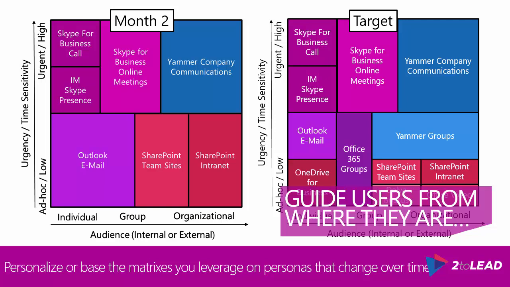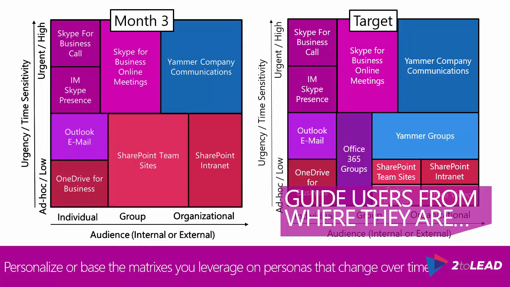In the next phase, after month 2, we actually changed something really simple. We introduced OneDrive for Business. You'll notice that on the left, Outlook becomes less relevant for many scenarios because OneDrive for Business enables a lot of document sharing and collaboration that is better than Outlook, email attachments, and other methods.